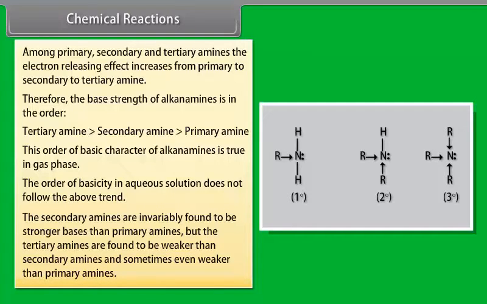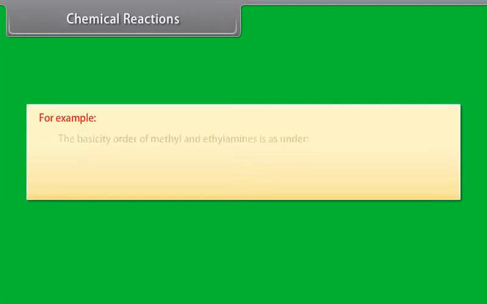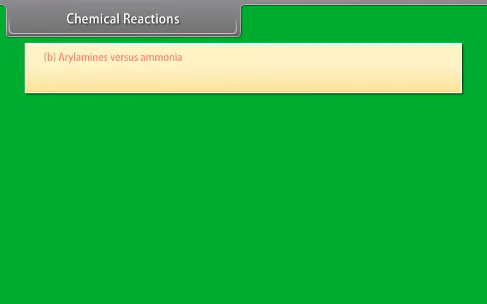This also increases basic character. Moreover, the electron releasing effect of alkyl groups stabilizes the alkyl ammonium cation formed, and therefore the equilibrium shifts in the forward direction, making alkanamines a stronger base than ammonia. Amines can easily be protonated by water in their aqueous solutions.